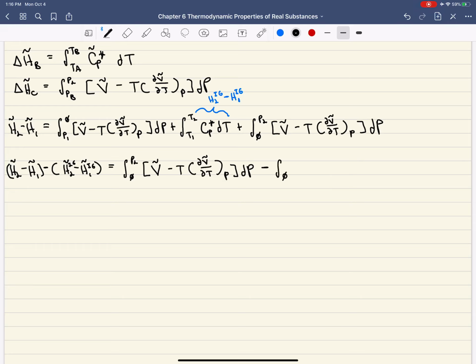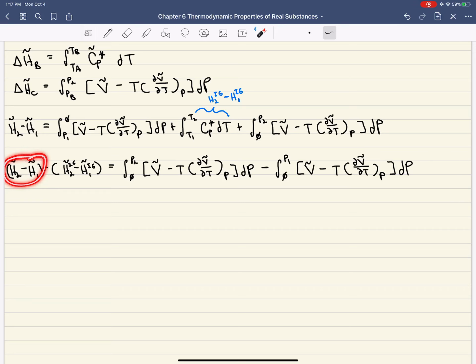And all that changes is the direction of the bounds. And so here we were going from P1 to 0, but for the negative of it, we're going to go from 0 to P1. Okay? All right.